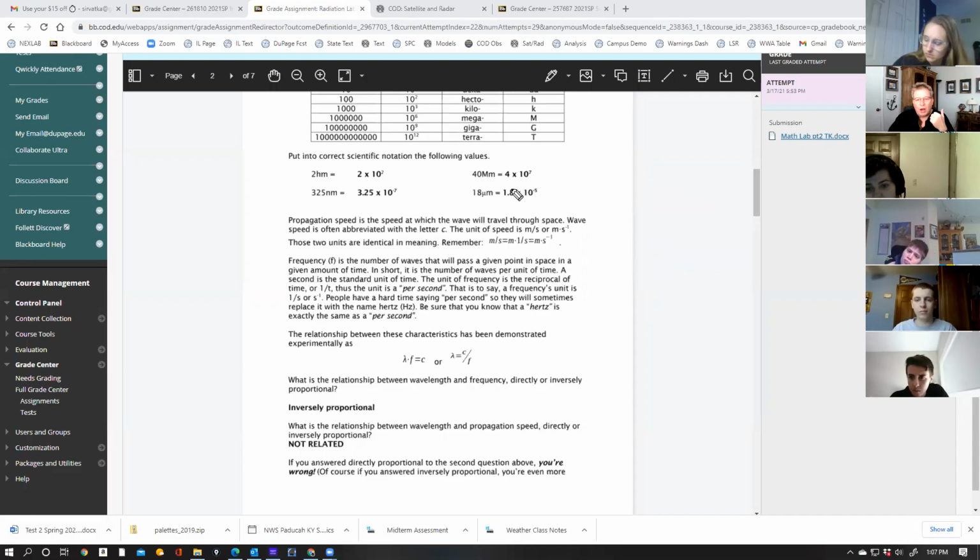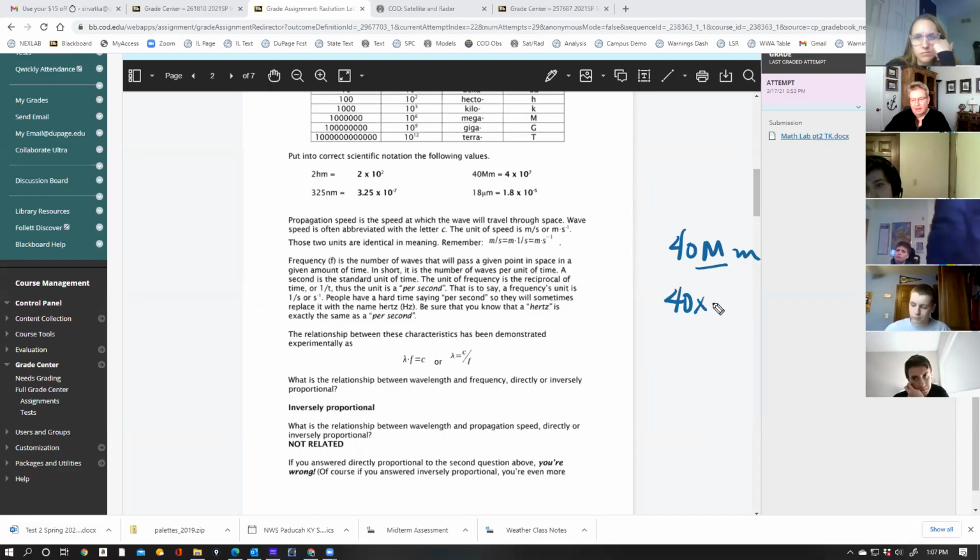Now, this next one, let's look at 40 megameters. So what I'm going to do is rewrite the mega with 10 to the 6th meters. Now, is this in scientific notation? And the answer is no. So what is 40? 40 is 4 times 10 to the 1st times 10 to the 6th meters.